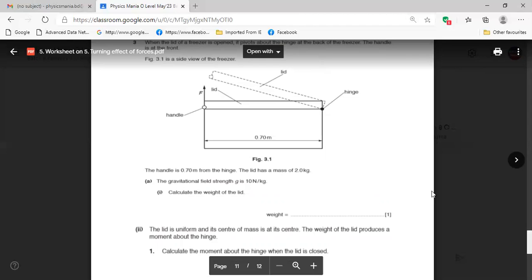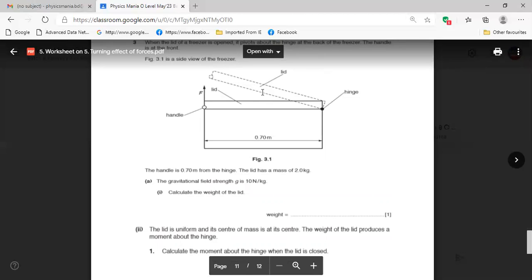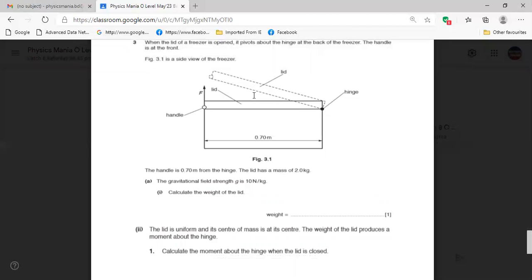Normally the force required is for the weight of the lid, right? But here maybe the hinge is stiff.